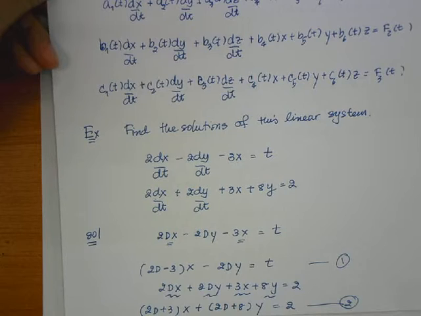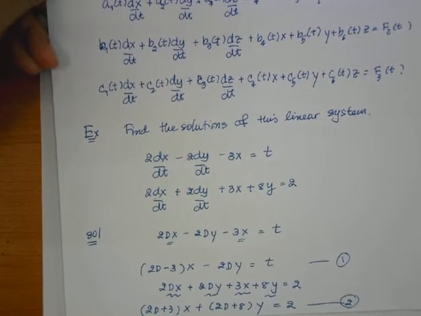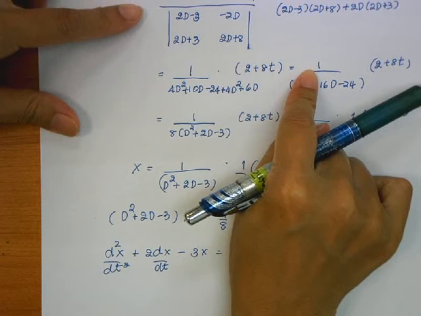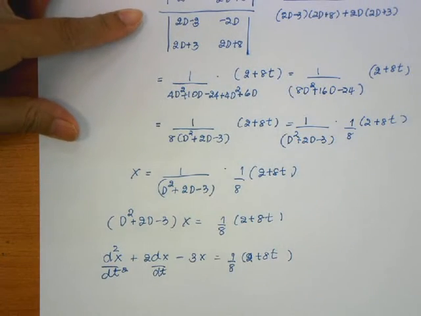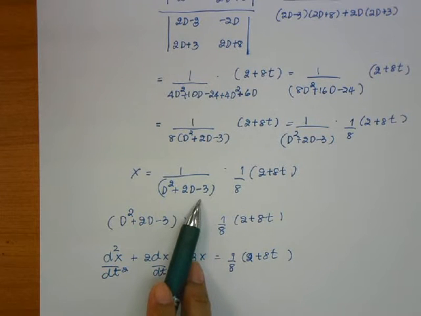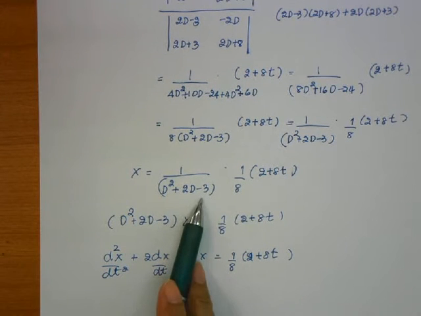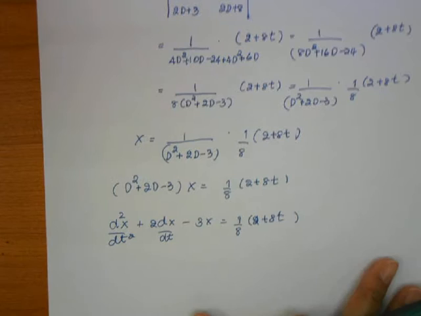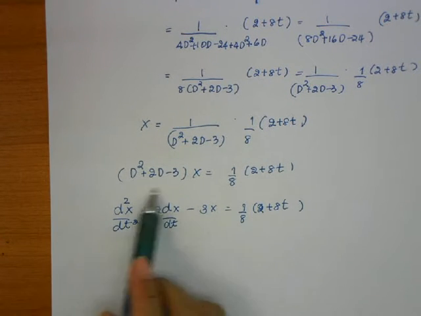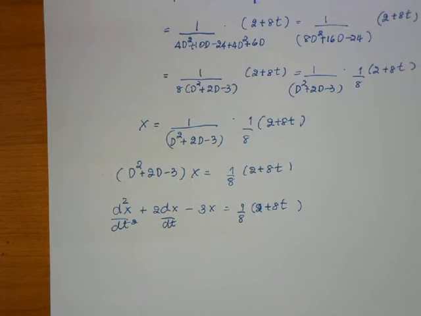And the way to do that is by using Cramer's rule. From Cramer's rule, what do we get? We get a differential equation which contains only one dependent variable and one independent variable. Now from this, you can find the solution for sure, right?